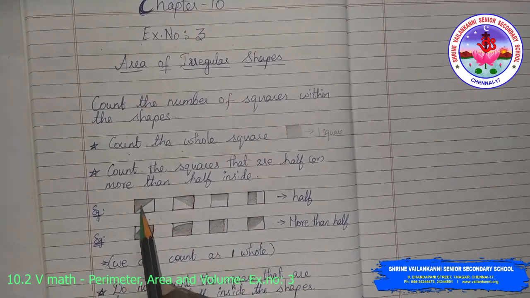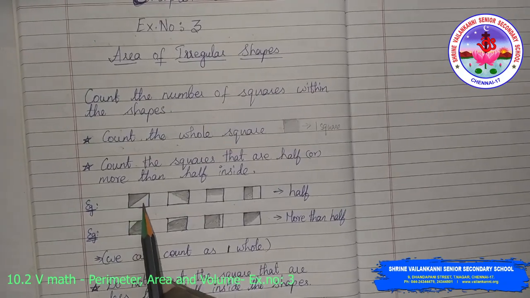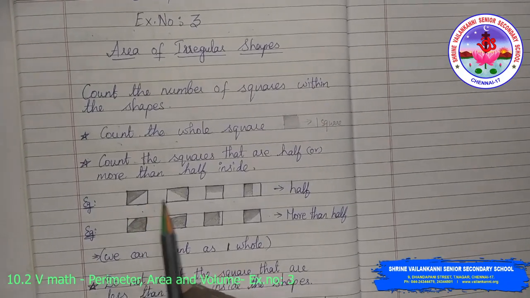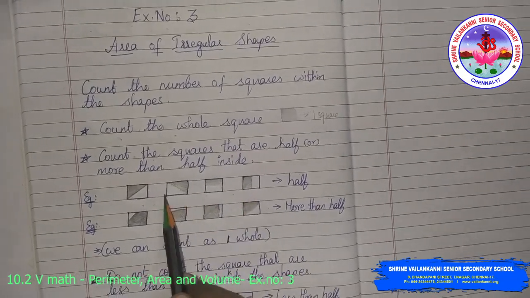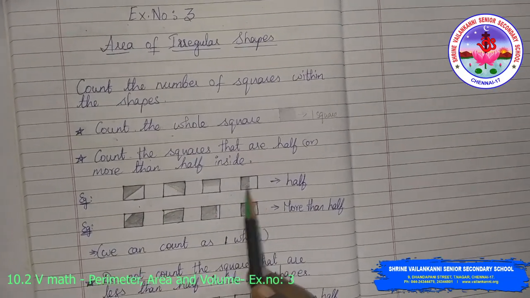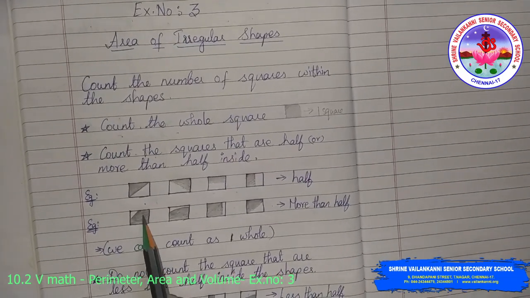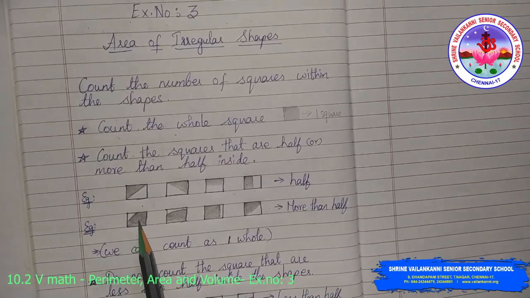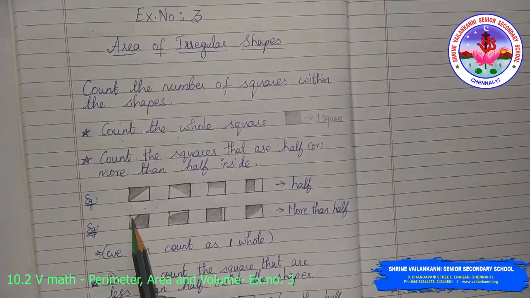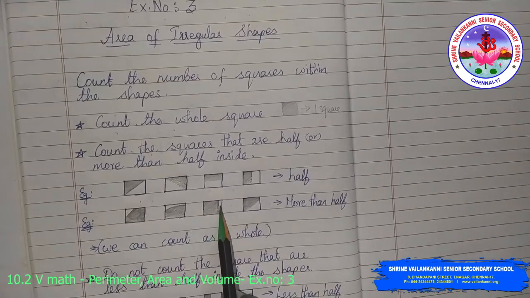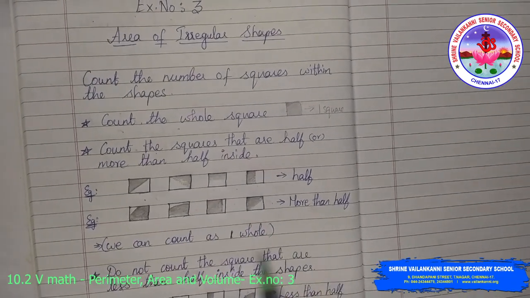If you see, the shaded part and the non-colored part are equal in a half square. In the more-than-half example, the colored part is more when compared to the uncolored part.